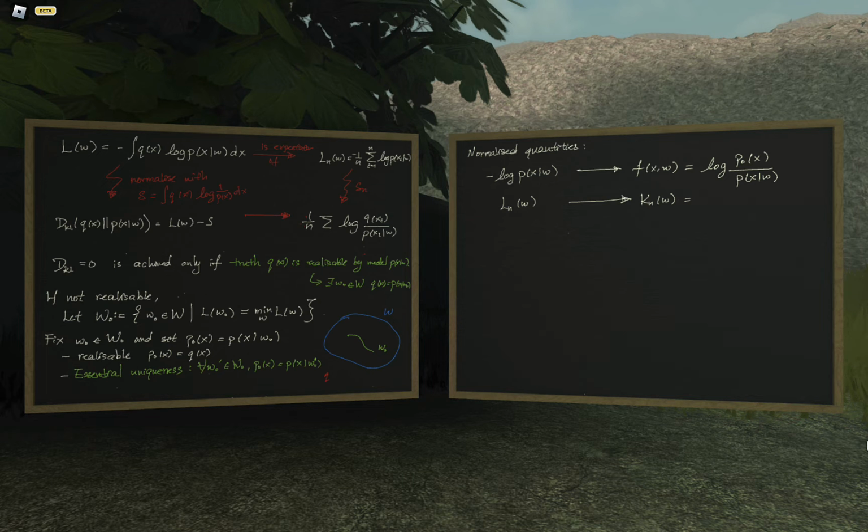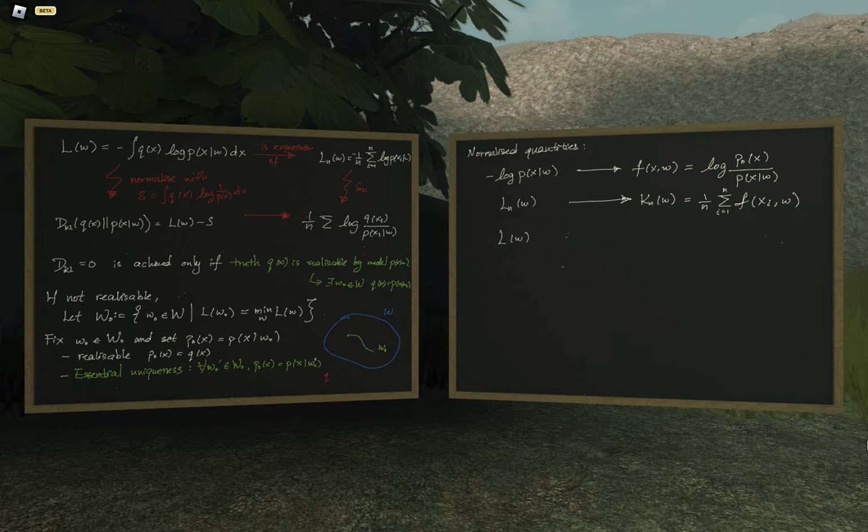Right. So Ln becomes Kn. I'm using the same letters. The K is the same, except now the Q's are replaced by P0.